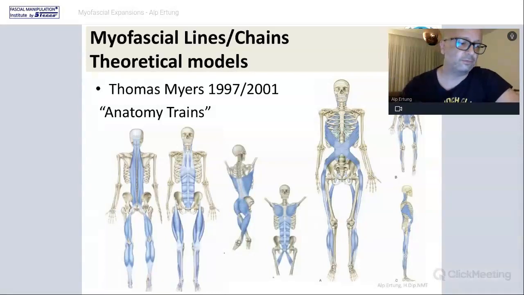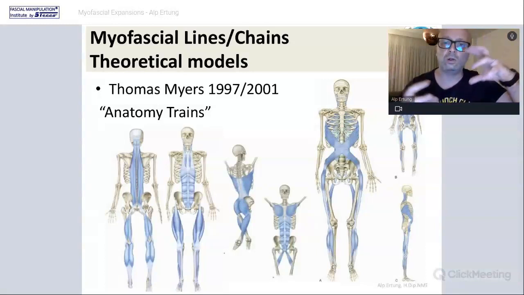And as I said before, because of this understanding, we can create better solutions for our clients and for our patients in our clinics. And it was a need to integrate all of these structures.